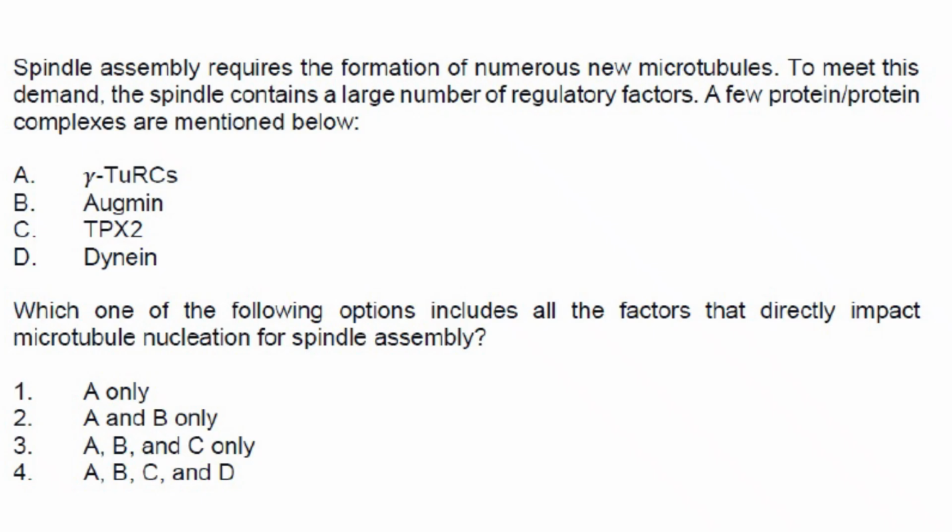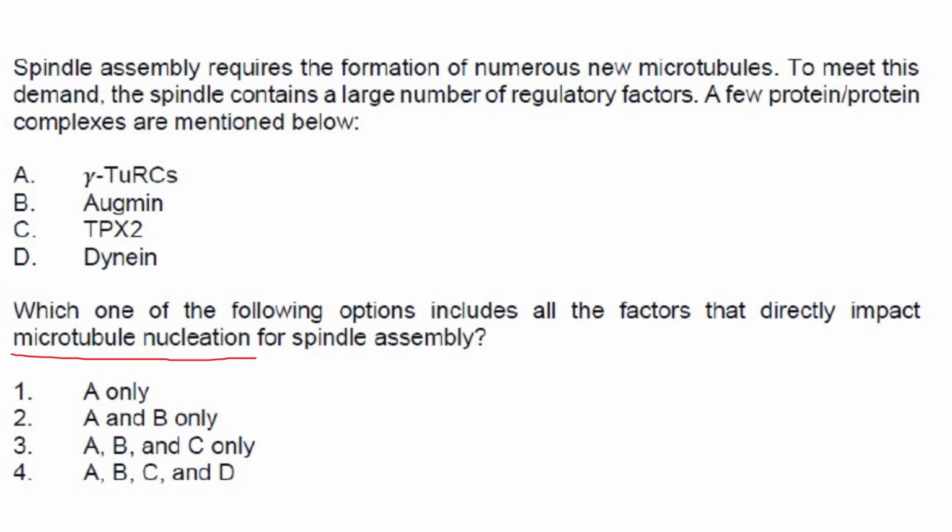Which of the following options are all the factors that directly impact microtubule nucleation for spindle assembly? Microtubule nucleation means the initial formation of these microtubule polymers, and the subunits involved in microtubule formation are your alpha and beta tubulins.